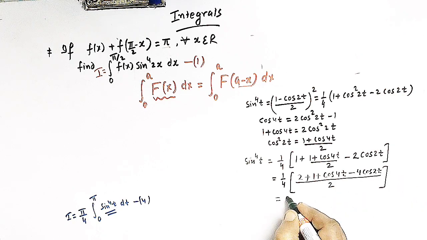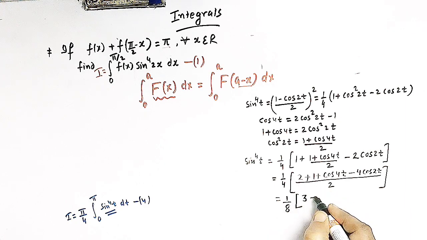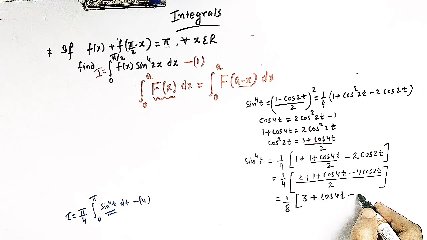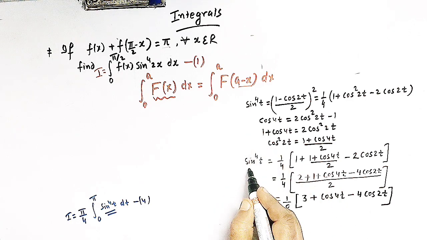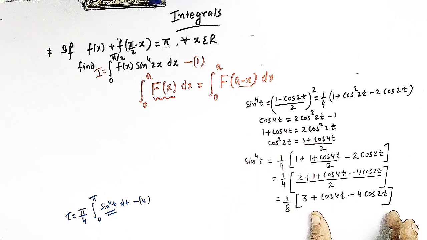So let us simplify it. So we have 4 times 2 is 8, and 2 plus 1 is 3, and then we have cos 4t minus 4 cos 2t, right? So viewers, the value of sine t raised to 4 is given by this expression, right?